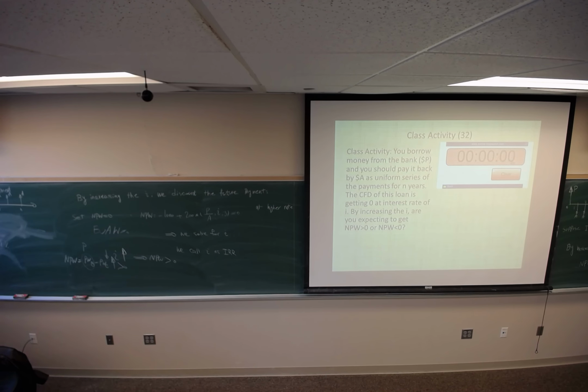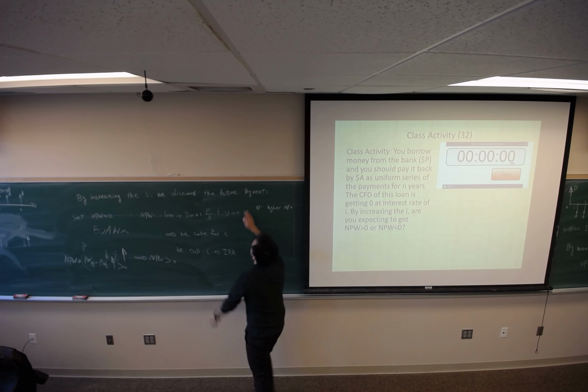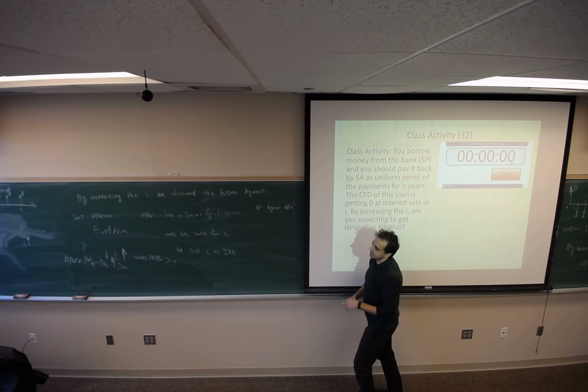Then, if you increase I, nothing is going to happen for the P because it's happening at the present time. Decreasing or increasing the I is not going to change the P. But for the A, since A is happening in future years, you are going to discount the future receipt of the money at the higher rate.